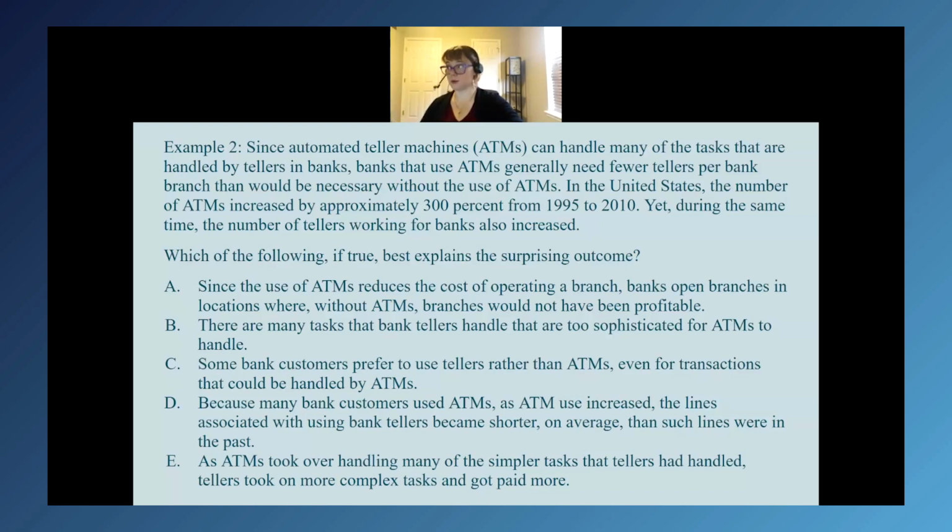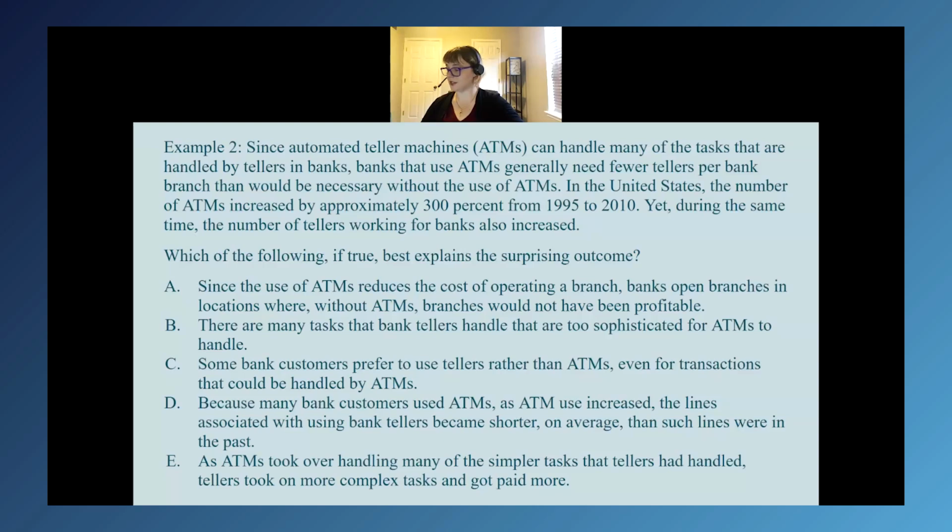But what this says is perhaps the banks are opening more branches and they have been able to open so many more branches that even though each individual branch has fewer tellers than it would without an ATM, the overall number of tellers was able to increase because there were so many more branches that needed some tellers, thanks to ATMs making it profitable to open branches in places that would have otherwise not been profitable to open branches.